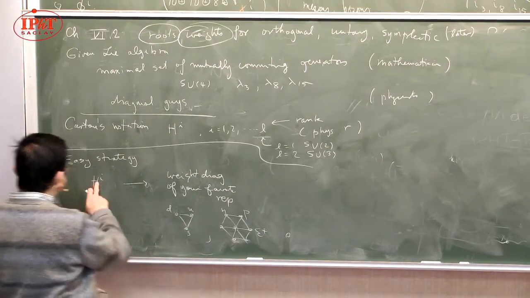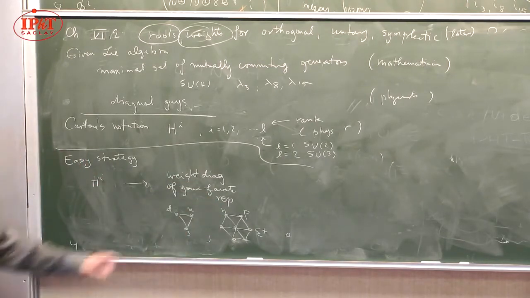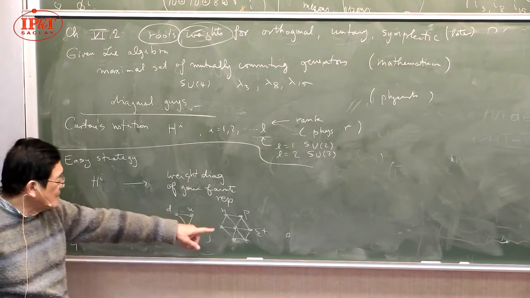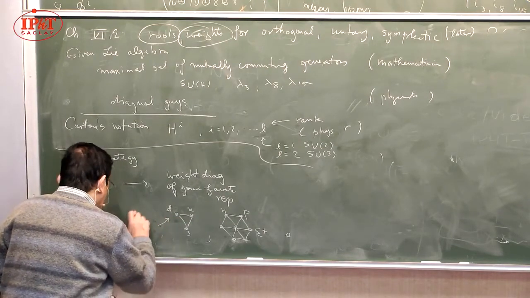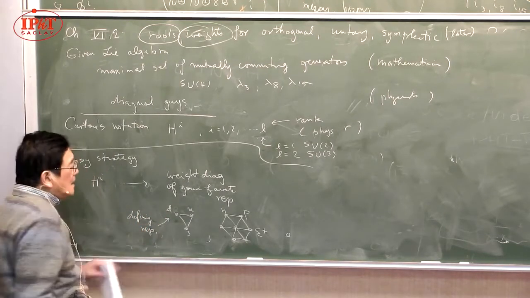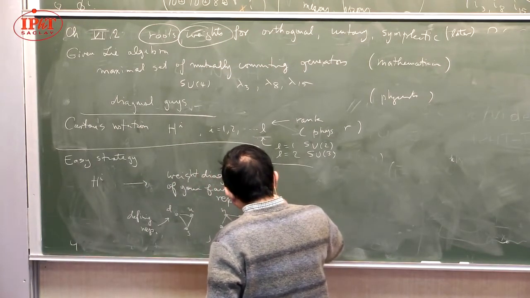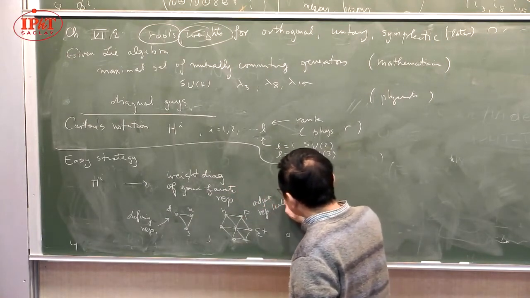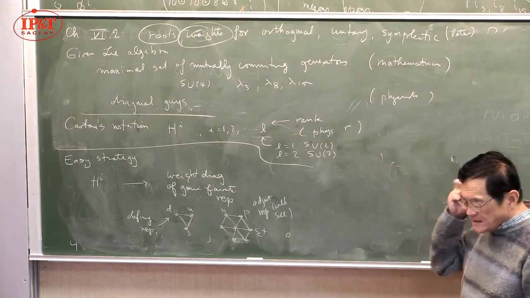But in general, you find the H_i, and then you find the weight diagram of your favorite representation. So either the adjoint representation, the 8-dimensional one, or the defining representation. I like to use the defining representation for obvious reasons, but mathematicians often use the adjoint representation, as we will see later. The defining representation has the advantage of having fewer things.